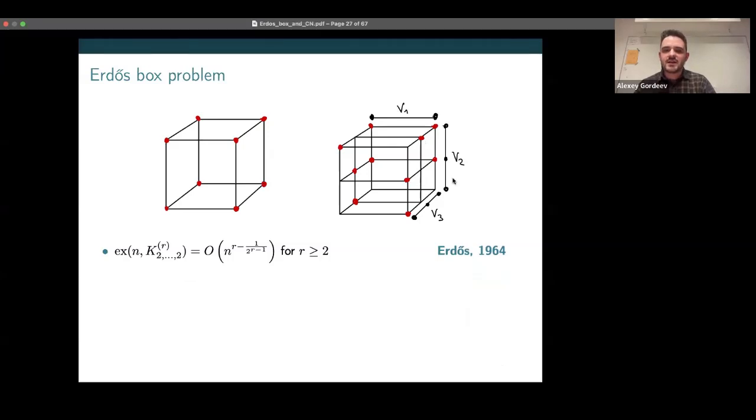And you want to choose as many points in this product set as possible so that no subset of points forms a 2 by 2 by ... by 2 box. So this is why it's called the Erdős box problem. Your forbidden hypergraph in this case is, if we draw pictures like that, basically the set of vertices of an r-dimensional cube. But these vertices are in fact edges of the hypergraph, which may be confusing.